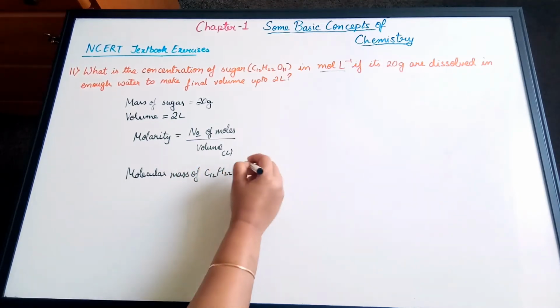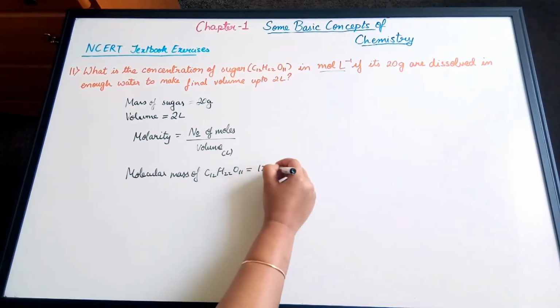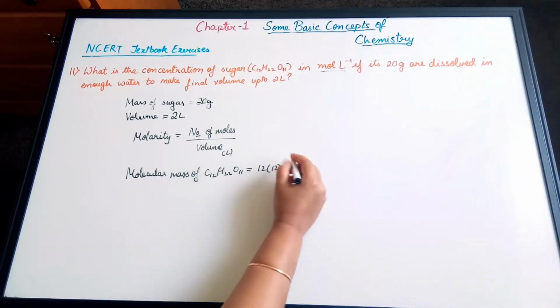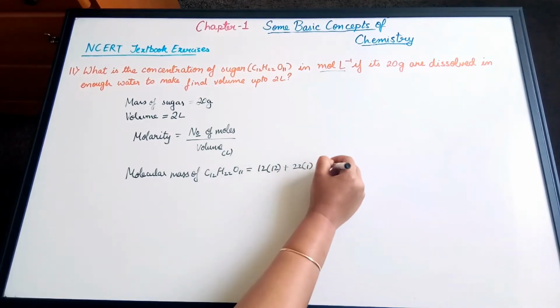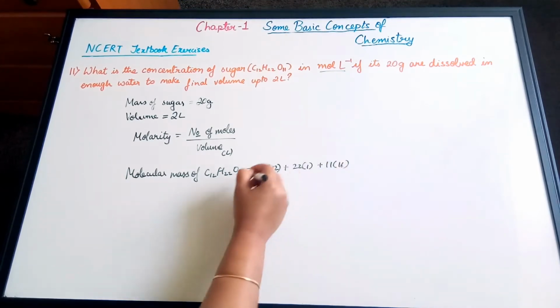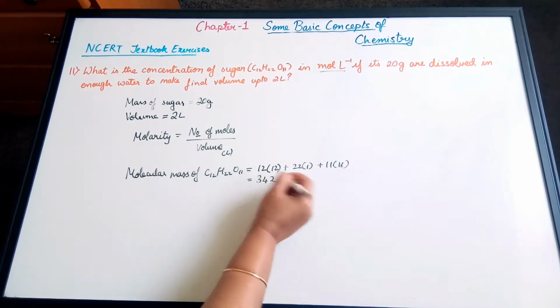So molecular mass of C12H22O11 would be equal to 12 into 12, because 12 atoms mass, plus 22 into 1 plus 11 into 16, and this is equal to 342.